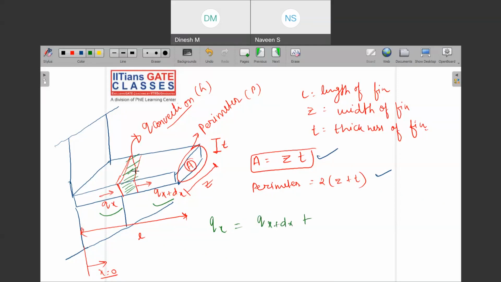Second thing is that heat convected away. Can I write? Plus heat convected away. Yeah. So this is first thing. And second thing, more importantly, can I write qx is equal to q of x plus dx plus q convected, right? So let us try to find out the magnitude of conducted and convected.